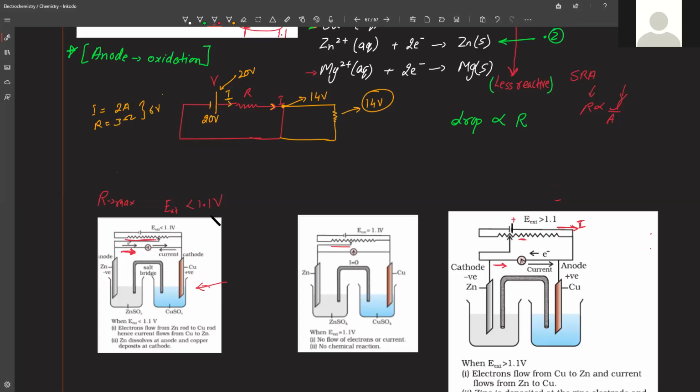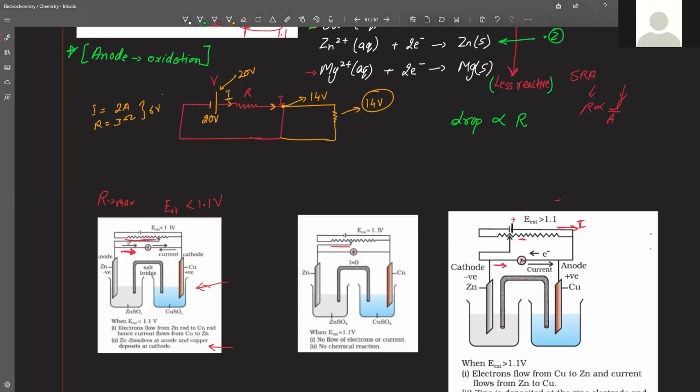So that means the electron is flowing from zinc to copper. Not the current, the electron is flowing from zinc to copper. That means oxidation is happening at the anode, because zinc is going through oxidation, so it will get dissolved. So that's what is mentioned here.